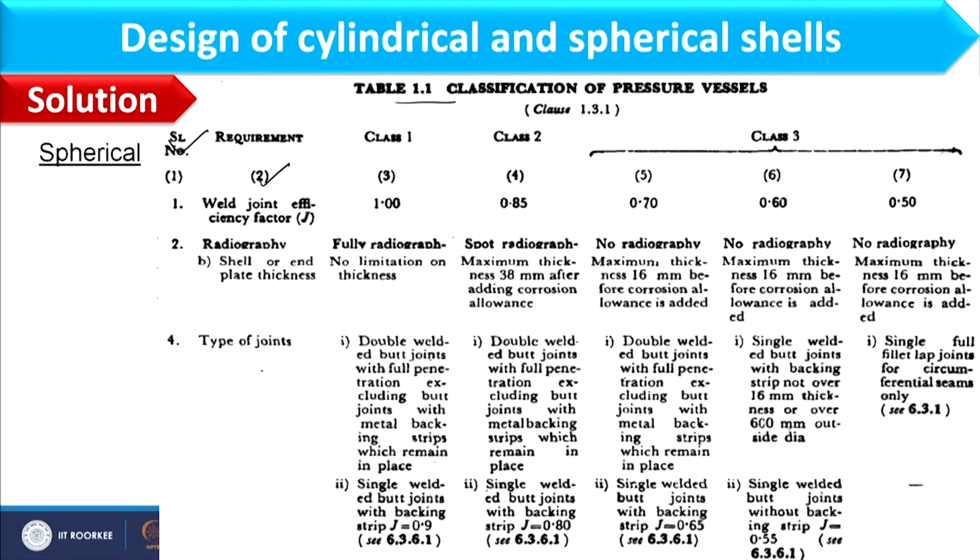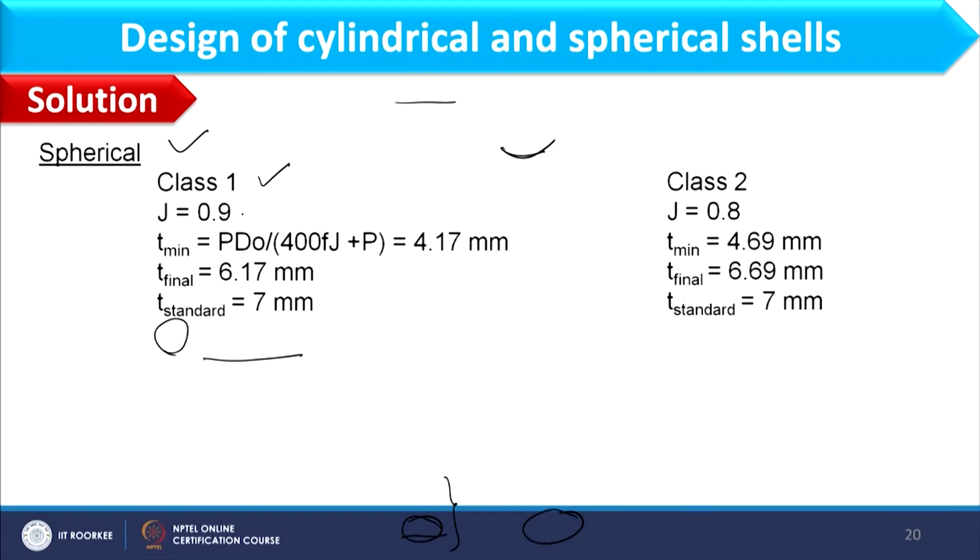On the second page of this table we have point 4 where types of joints are mentioned, and here you see for class 1 single welded butt joint with backing strip, J I can take as 0.9. Similarly, for class 2 we have the value of J as 0.8.